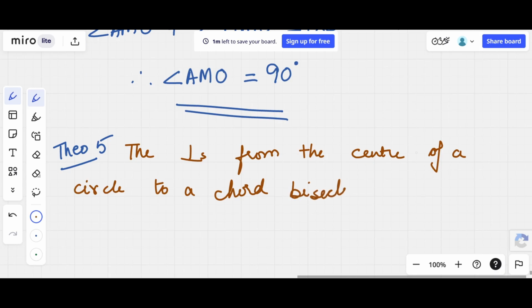See, earlier we had the bisected chord. Now it is getting bisected, isn't it? Did you understand? How is it converse? Relate to it.